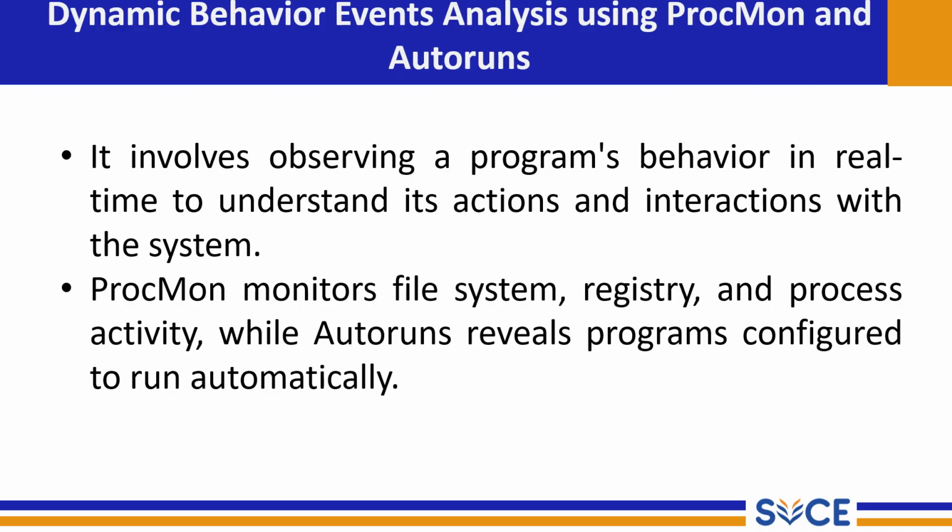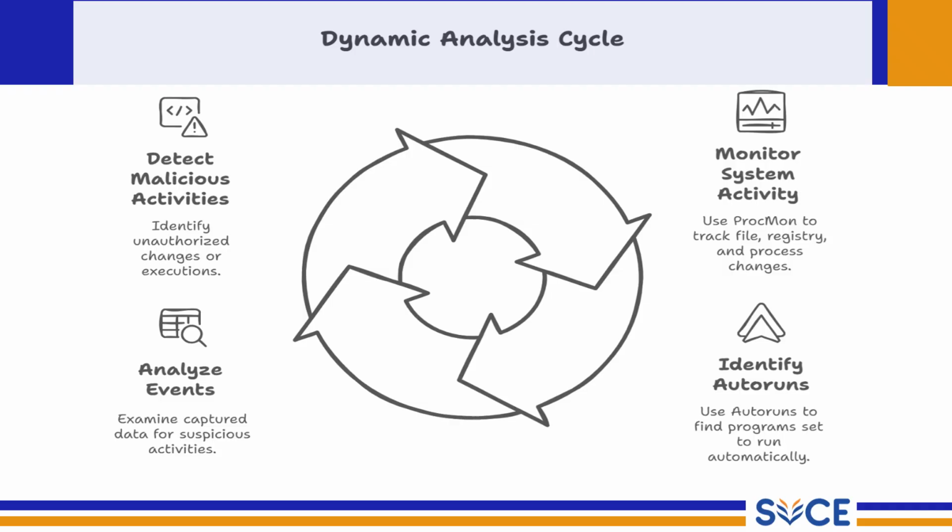Okay, so the next topic. This is the dynamic analysis cycle. Here, first we detect the malicious activity, whether any unwanted threat or authorized or unauthorized changes have been executed. Then we analyze the events by capturing the data for suspicious activity, and then monitor the system activity.